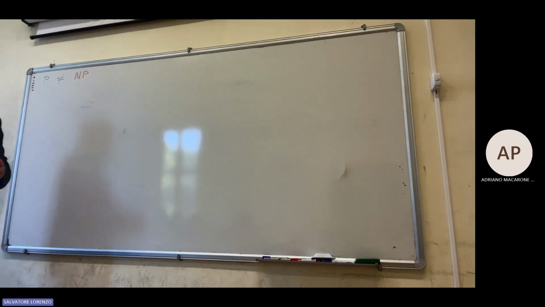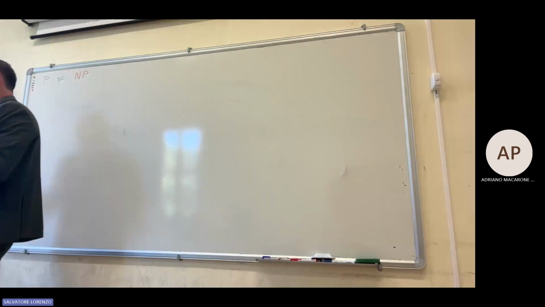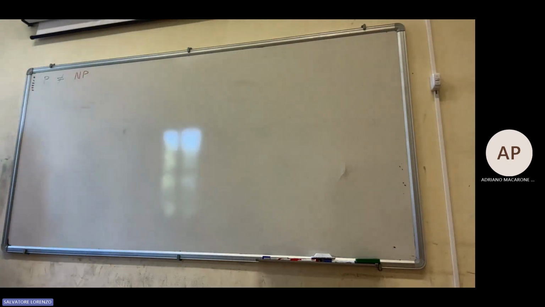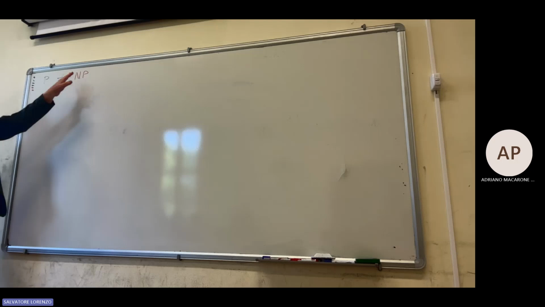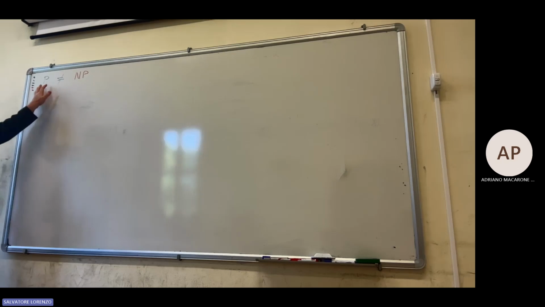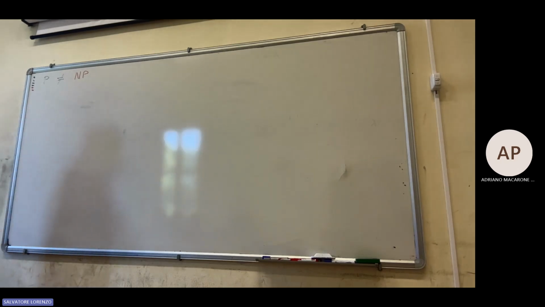Up to now, we know for sure several problems for which we can test the solution in polynomial time, but we don't have an algorithm that is able to solve them in polynomial time. Again, this is the problem of factorization.